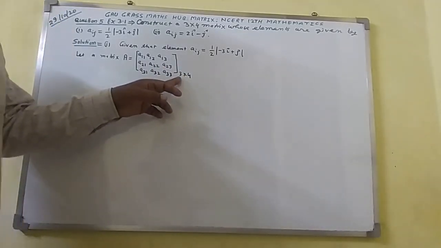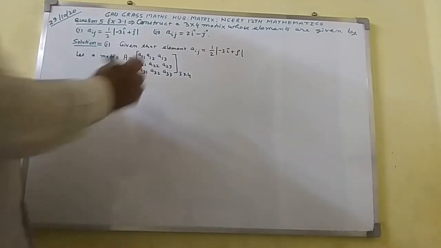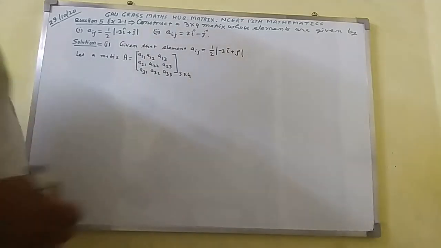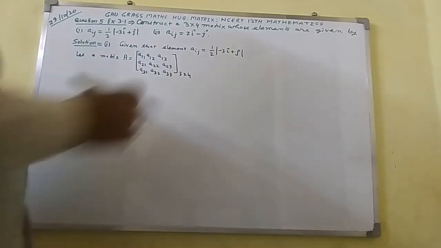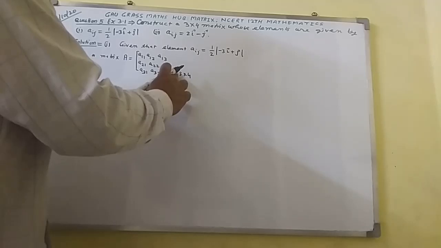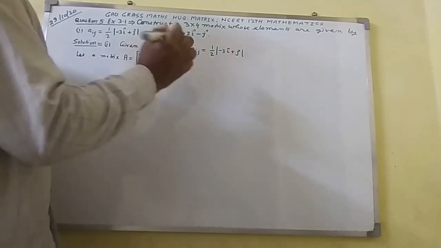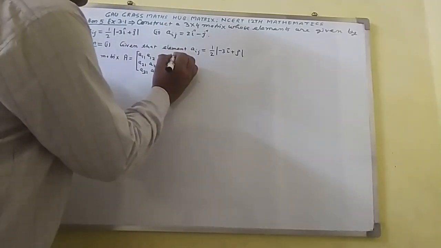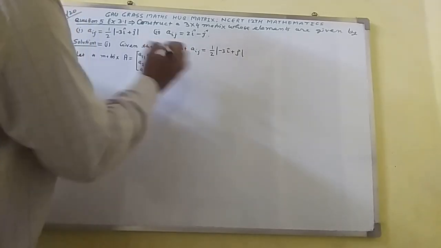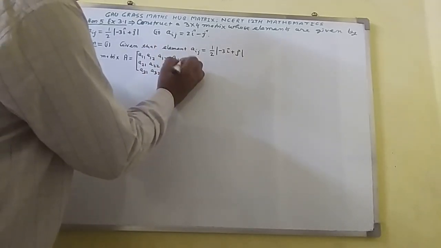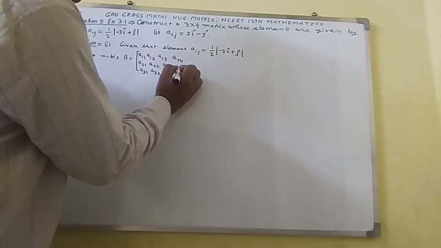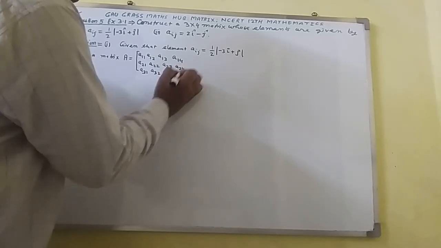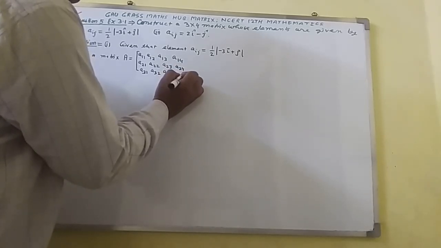Here you can see the number of rows is 3: first row, second row, third row. But the number of columns here is 4, so I shall erase this and take 4 columns. Once again, this will become a14, a24, a34.